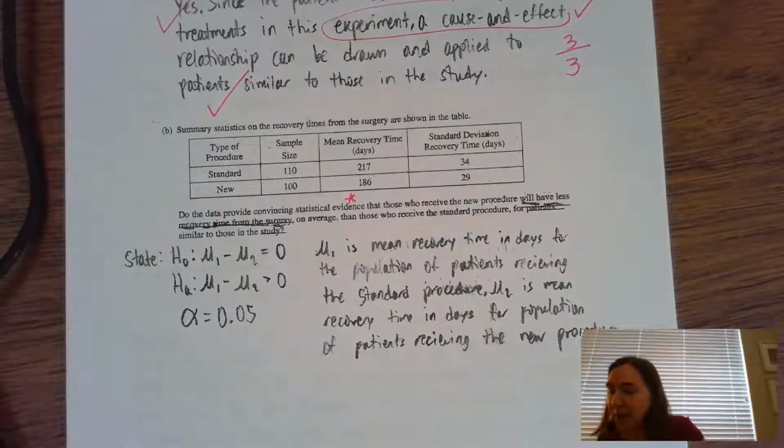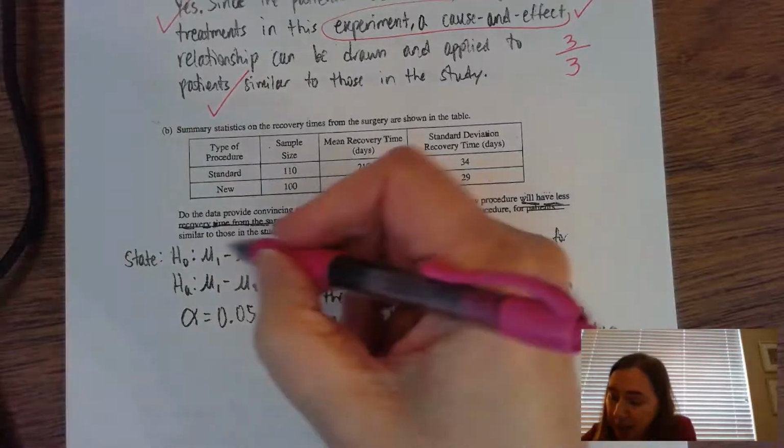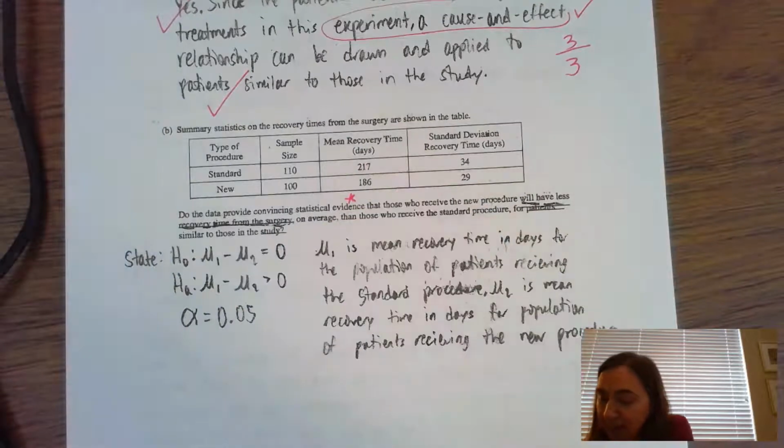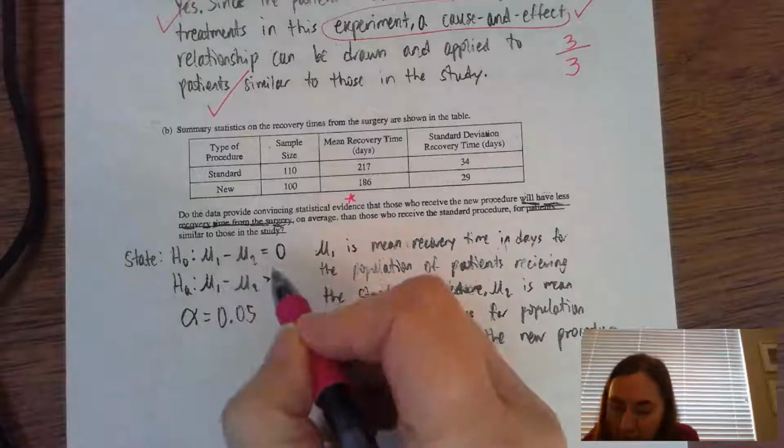The first check mark is for the H0, and the next check mark is for the Ha. In this case, H0 is that the difference is equal to 0. And for Ha, you can see that they use 1s and 2s here.